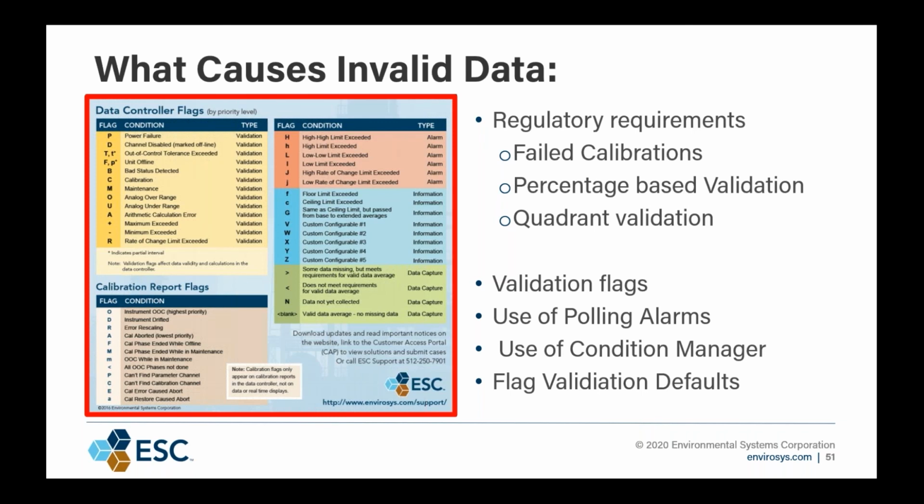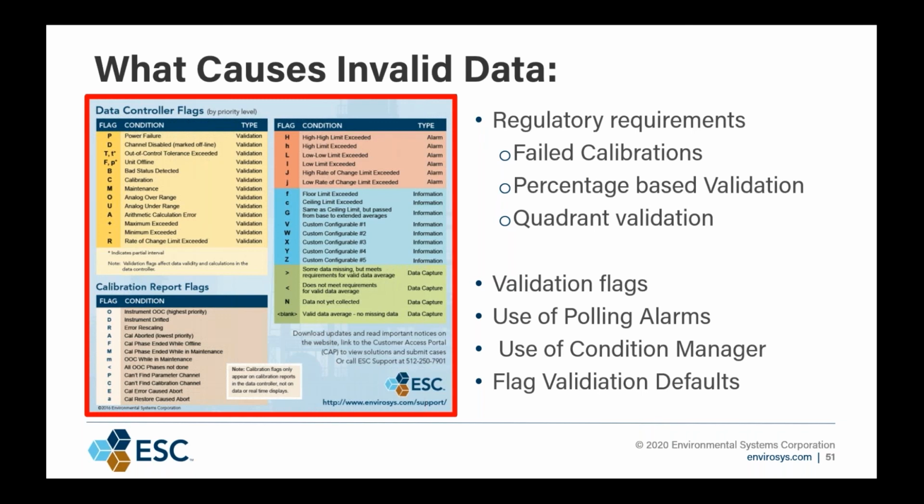The use of polling alarms. So with polling alarms, you can configure H flags to invalidate by using a mask. This is configured in polling alarms. The use of condition manager. This is the ghost sometimes that will mark your data invalid if you have a condition manager, and it's set up in your process now tasks as one of your process now tasks in one of your sequences.